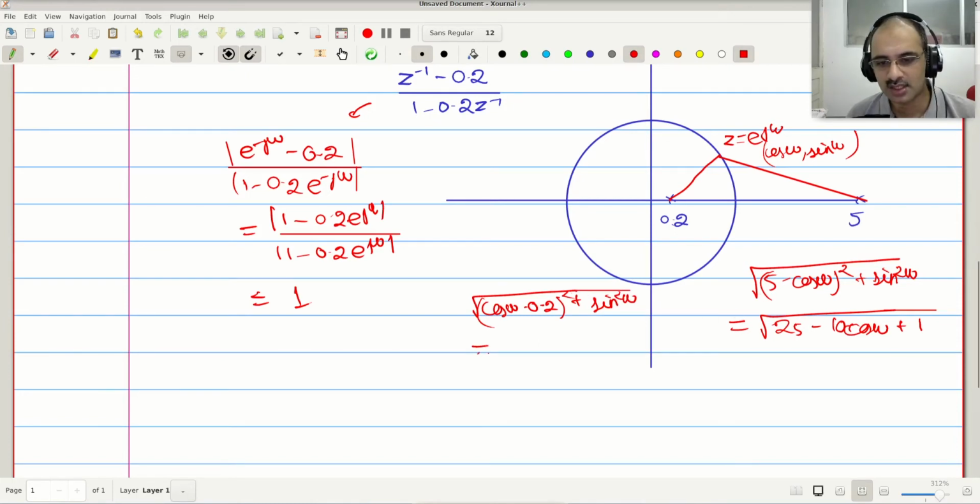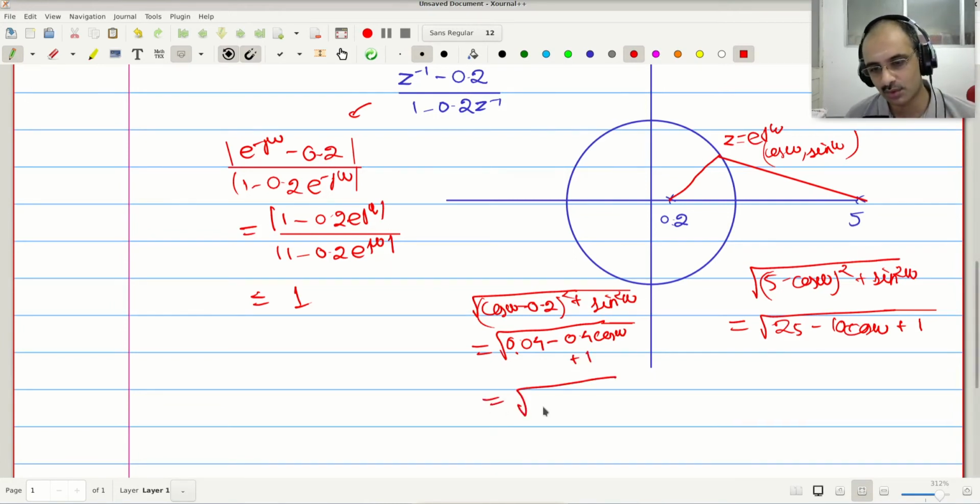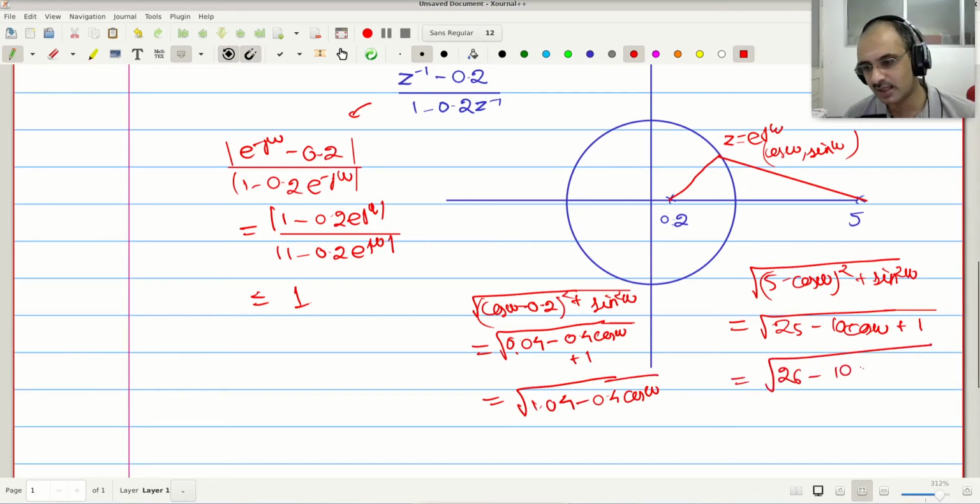Okay, now this is equal to, if you look at cos omega minus 0.2 the whole square and expand carefully, you get 0.04 minus 0.4 cos omega, and you get plus 1. So this works out to 1.04 minus 0.4 cos omega, and this works out to 26 minus 10 cos omega.